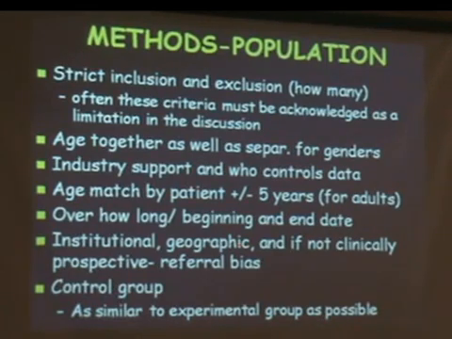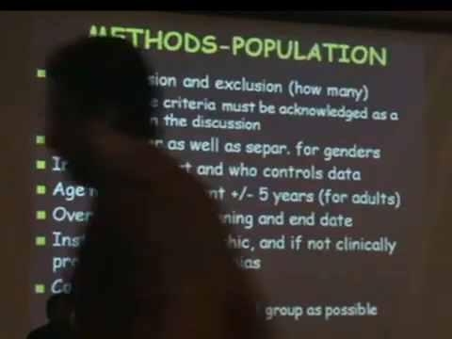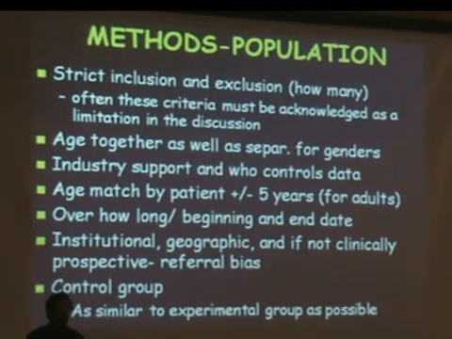My control group could be carbon spectroscopy of chondrosarcoma, A. My control group can be carbon spectroscopy of parosteal osteosarcoma, B. Or my control group could be carbon spectroscopy in the normal population. No tumor. Who votes for A? Chondrosarcoma. No one? Who votes for B, parosteal osteosarcoma?